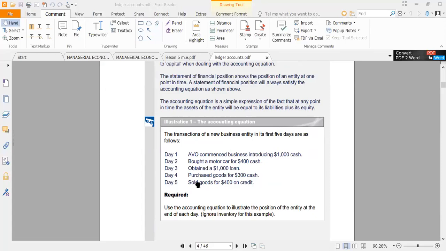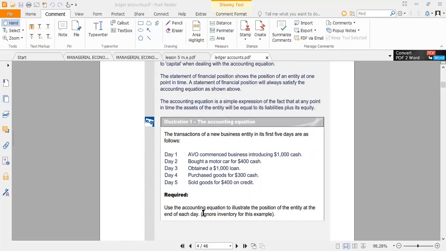So if we're given transactions as follows for a new business entity, where we are told that company AV commenced by introducing 1,000 kwacha cash. They bought a motor van for 400 kwacha and obtained a loan of 1,000 and purchased goods for 300 cash and sold goods on credit for 400.